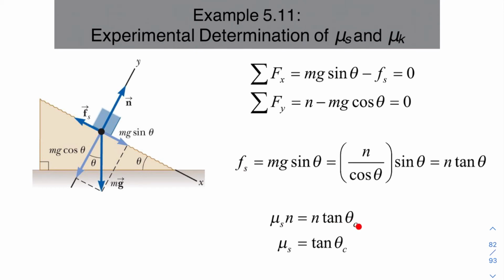So now if it is on the verge of moving, slipping, then theta here is known as the critical angle. So you can cancel out the n here, then you are left with mu s is tangent theta c. So angle has no dimension, remember? So that means mu s has no dimension. It has no units because it's a kind of ratio.